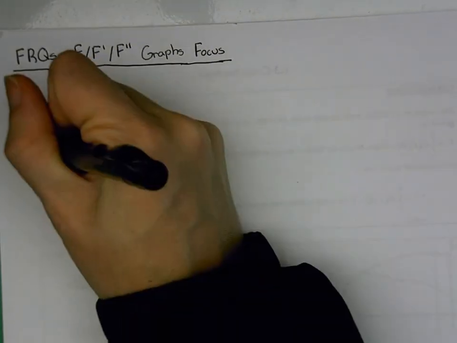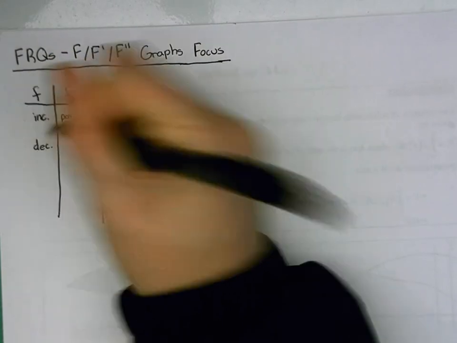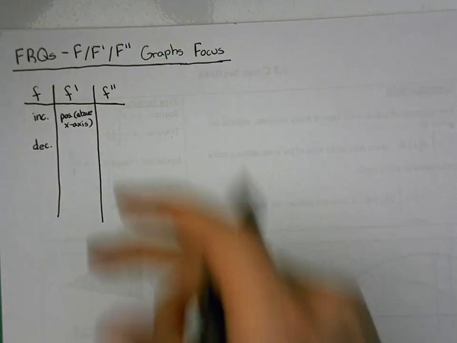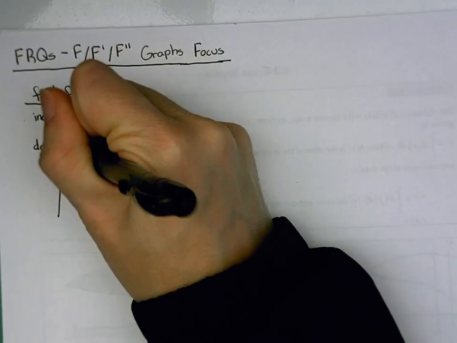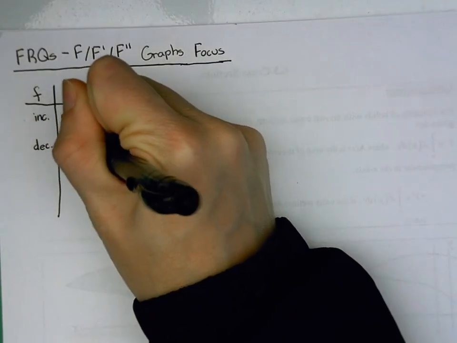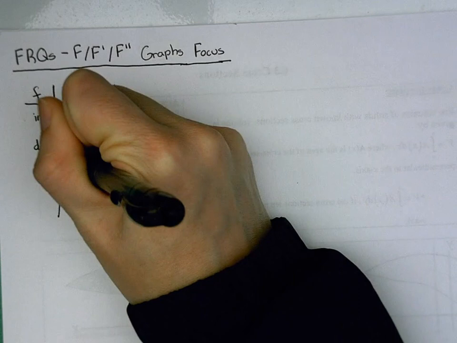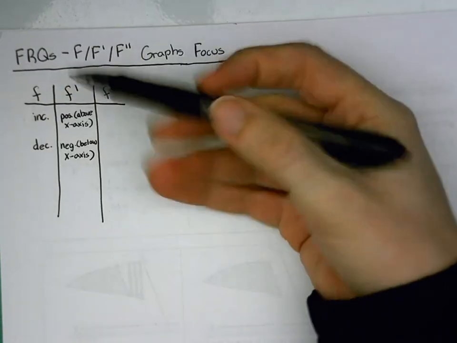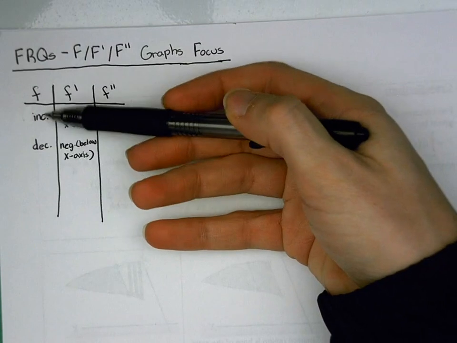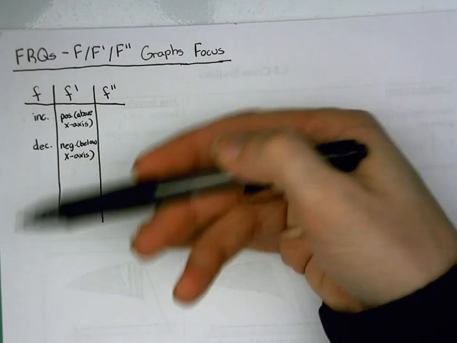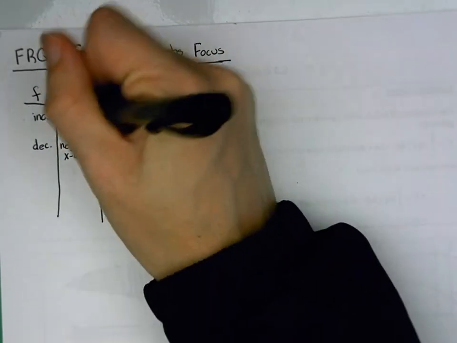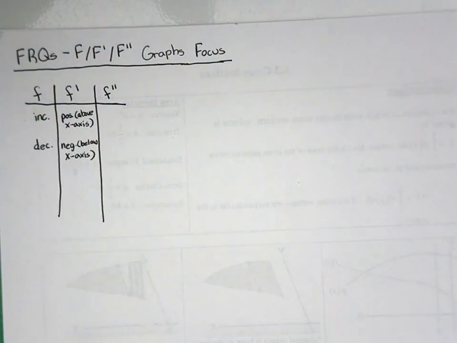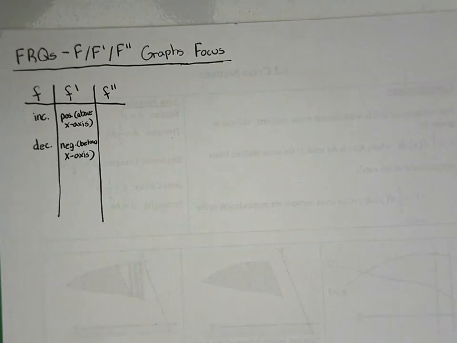What does it mean when F is decreasing? That means F prime is negative, or some people I saw at the time wrote below the x-axis. I also remember seeing some people who, rather than writing increasing or decreasing, drew their arrows. I think there were times where I did both, so drew an increasing arrow or a decreasing arrow.